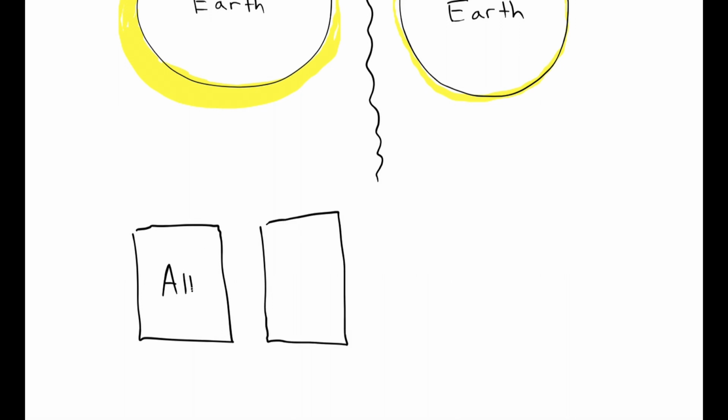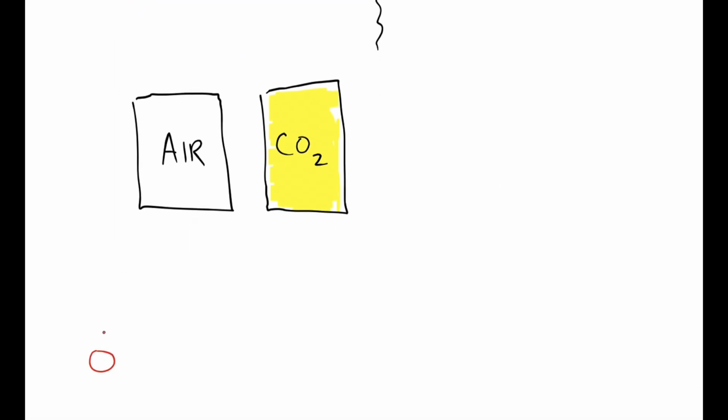You could have a container of just normal air, and then a container that's filled with a greenhouse gas such as CO2. And what you could do is just shine a light on them. What happens inevitably every time is that the container with the CO2 rises in temperature.